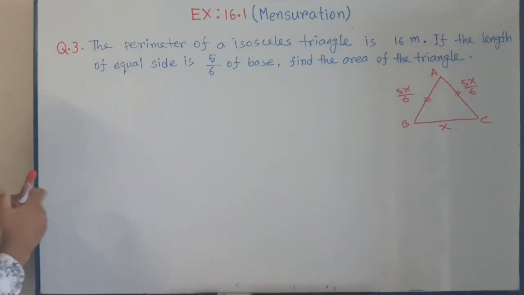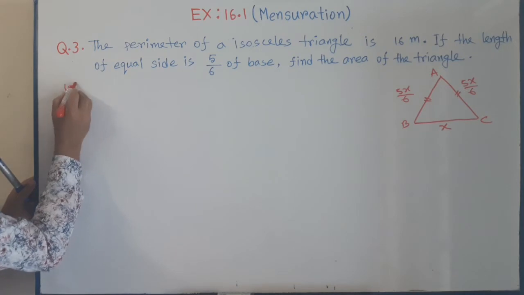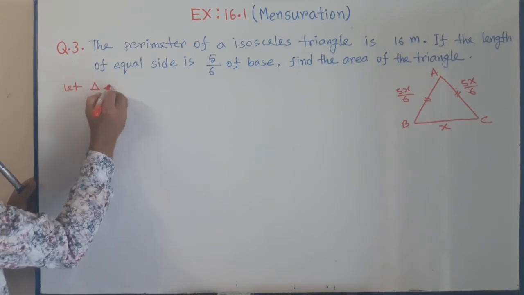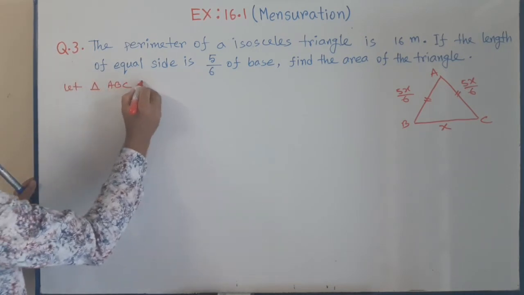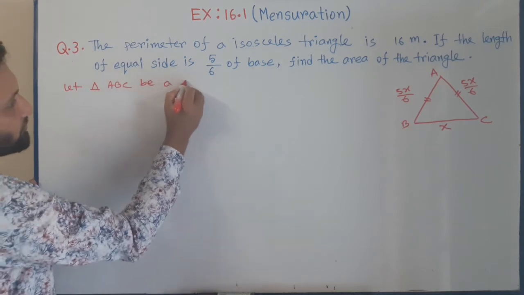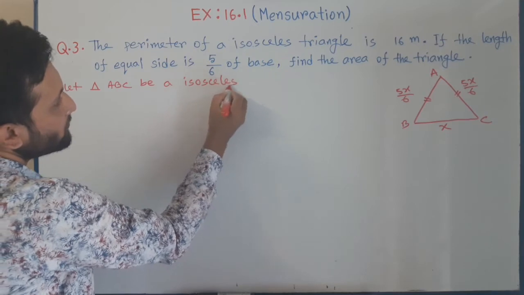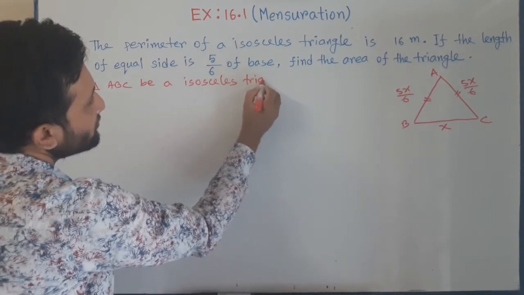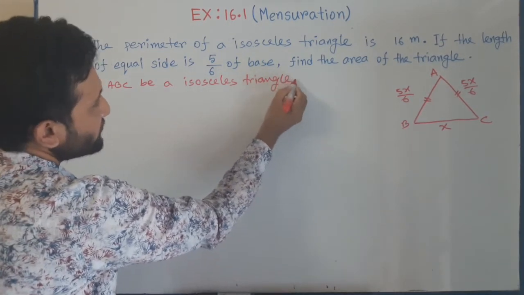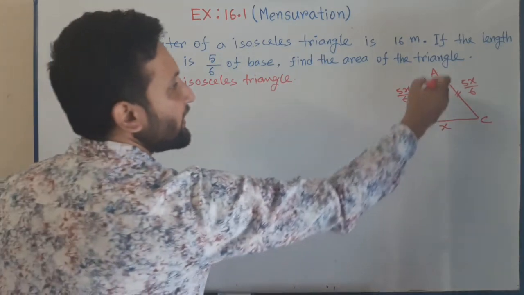At first, let ABC be an isosceles triangle where two sides, AB and AC, are equal.